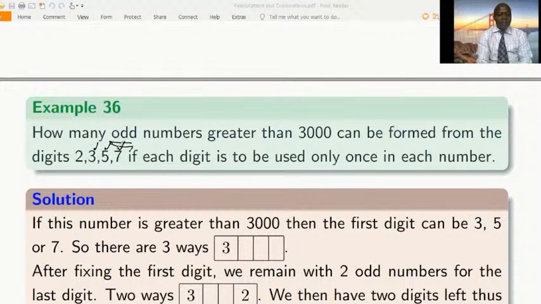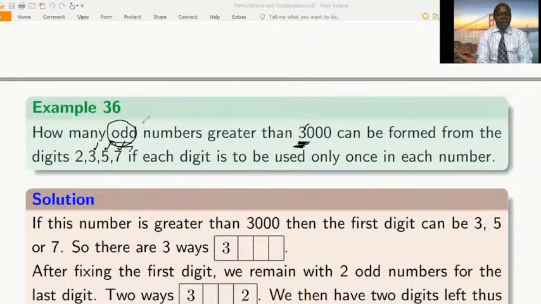The other thing that will help me is the words greater than 3,000, so the first digit should be either 3 or greater than 3.